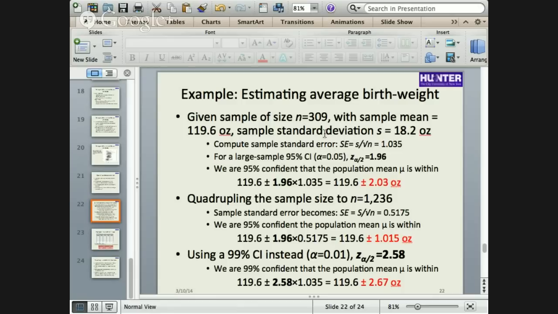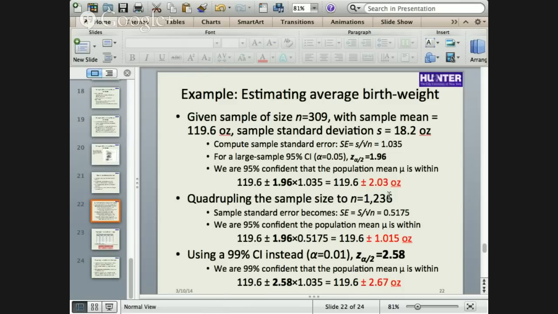But all I wanted was to give you a chance to work out a couple of questions here. The 95% confidence interval, and then seeing, as you do it, what happens when you quadruple the sample size. So that means that your standard error, which is divided by the square root of n, is divided by 2. So your standard error becomes 0.5 of what it was before.